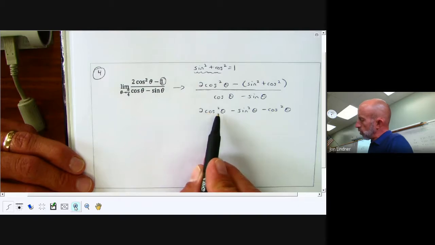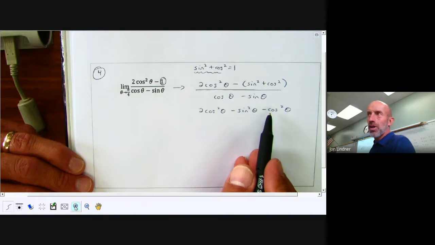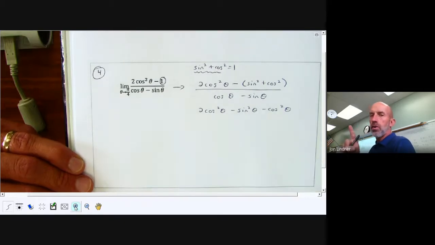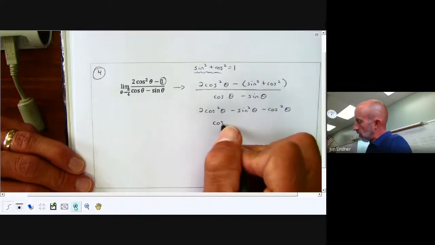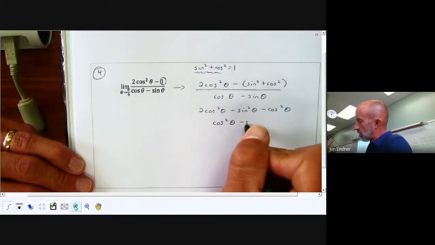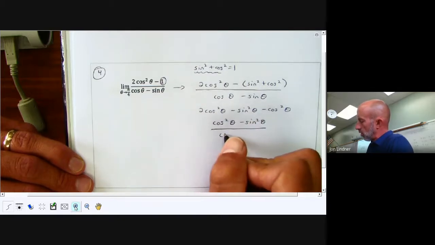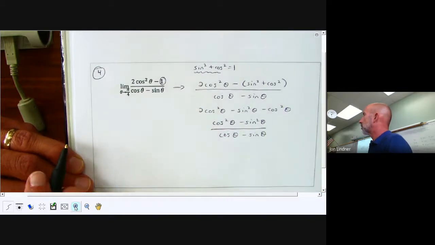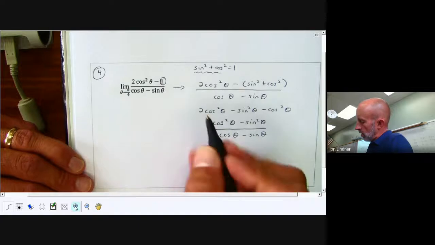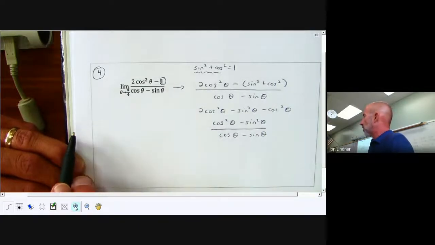I have 2 cosine squared, and over here I have a minus cosine squared, which means I only have 1 cosine squared. So now I have cosine squared theta minus sine squared theta over just cosine theta minus the sine of theta. And I still can't evaluate the limit quite yet. But do you see what the next simplification is?